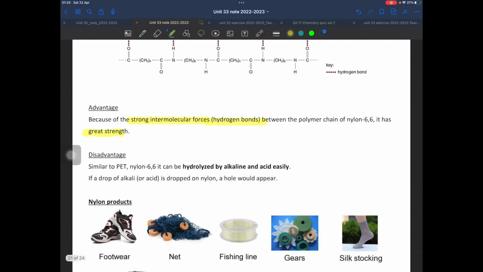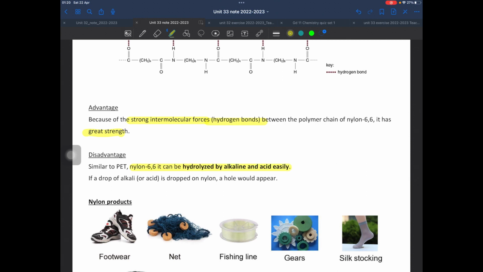However, nylon is not corrosion resistant at all, because the amide group also can undergo alkaline or acidic hydrolysis during the process, so they can be hydrolyzed easily.